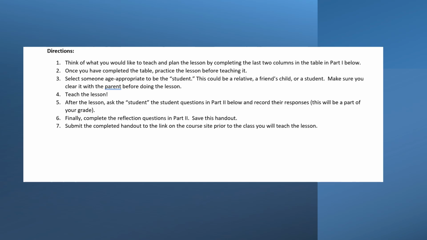Then you're going to teach the lesson to the student. After the lesson, you're going to ask the student some questions in part 2 and write their responses. And finally, you're going to complete a set of reflection questions in part 2. You're going to save this handout or template and submit it to the link in the folder.